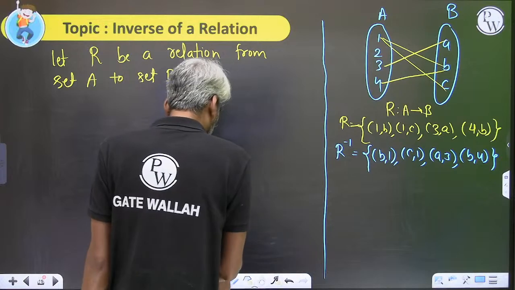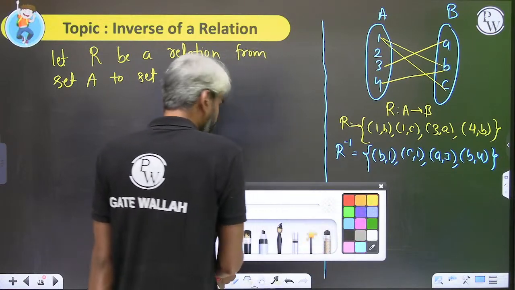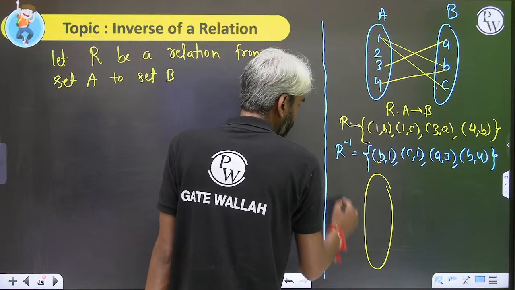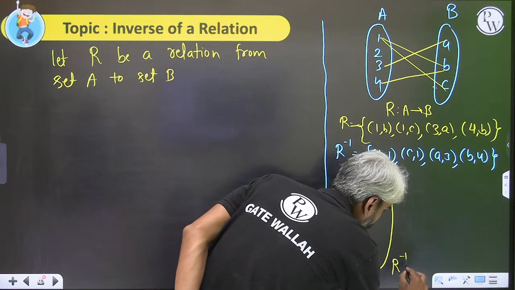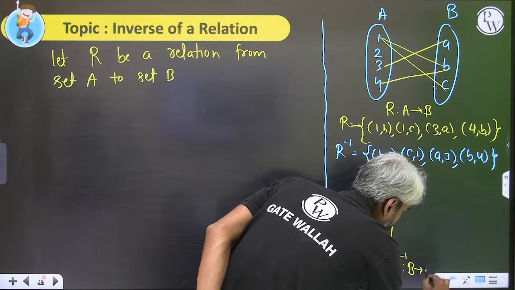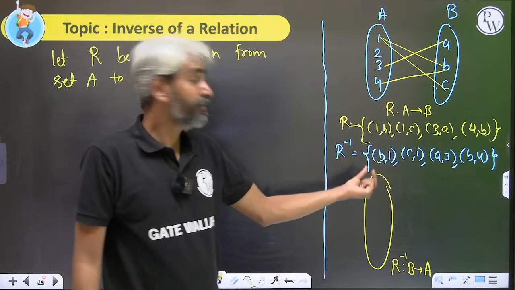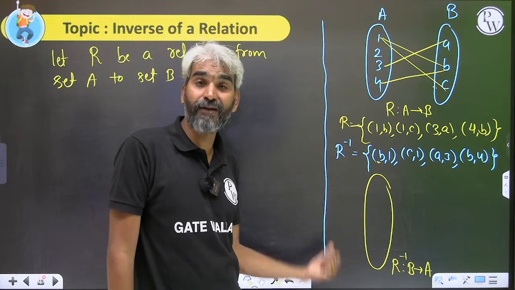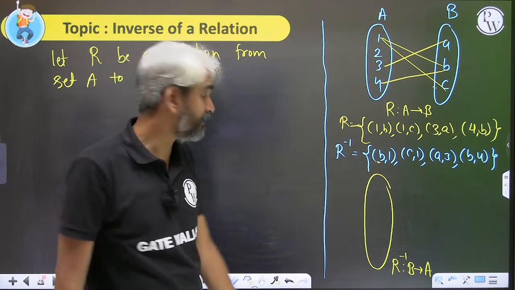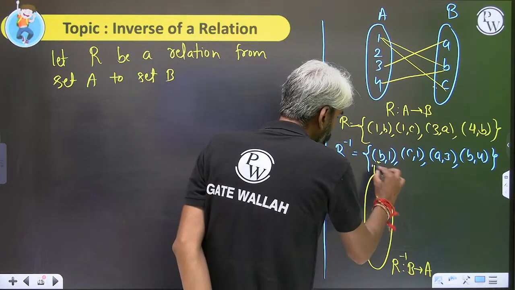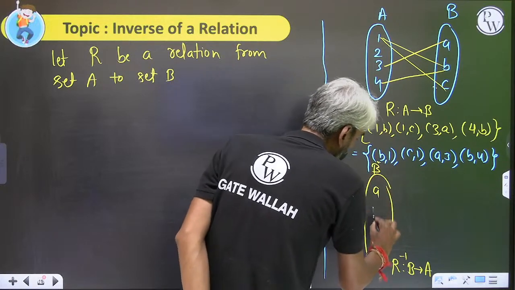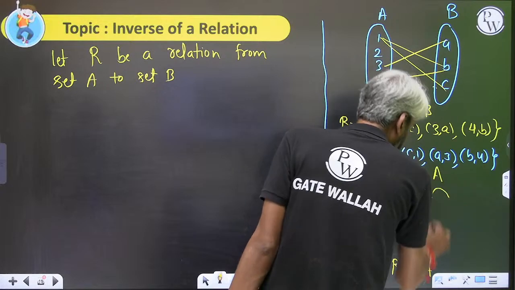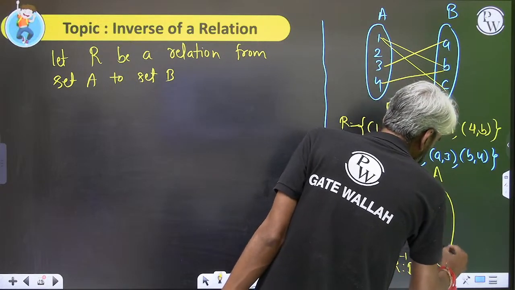Please try to understand: in relation R the first element of each ordered pair is from set A, so R inverse will be a relation from B to A, because within an ordered pair the first element is from the first set and the second element is from the second set. So the first set has to be B, which has A, B, C, and the next set will be A, which has elements 1, 3, 4.